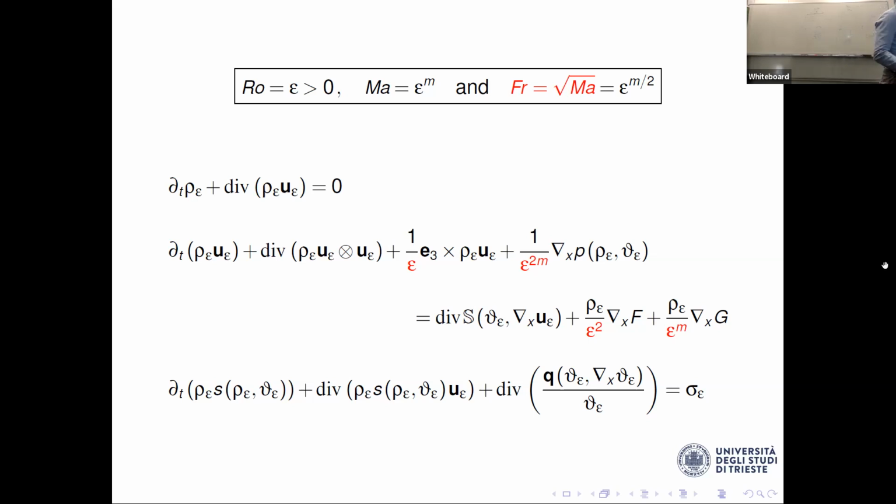Since behind this system you have a wave system, usually you have a fast oscillation in time of the solution, and you are not able to control this fast oscillation. Also, if you have strong stratification, you are not able to pass to the limit on the density and on the velocity field together.